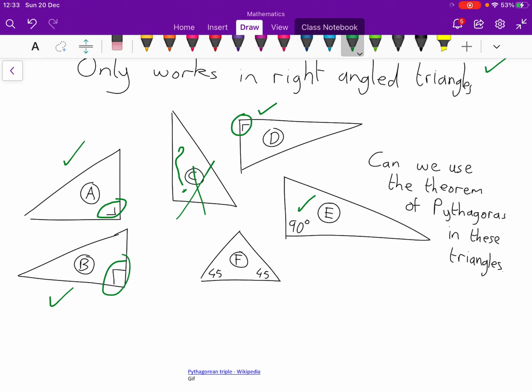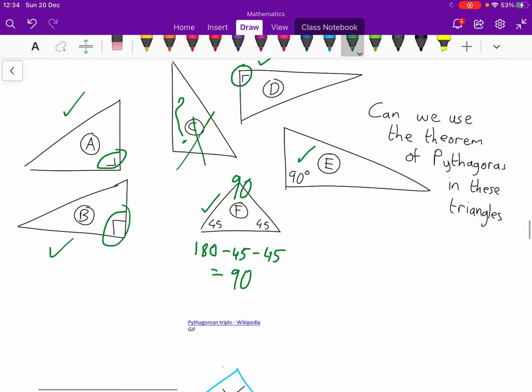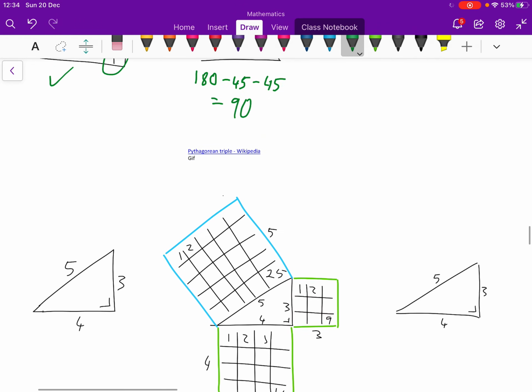Triangle E, yeah, 90 degrees, we can use that one. F, maybe, let me think. 180 for a full triangle, take away 45, take away 45. The last angle is, of course, 90 degrees. So because this top angle is 90 degrees, yes, we can use Pythagoras' theorem in this one. So just look out for questions like that.